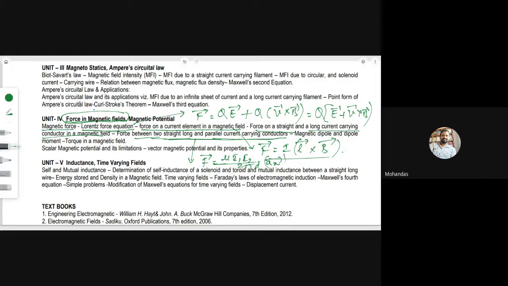One will come with the unit vector ax, but in a problem they will ask you to calculate only the magnitude: mu into I1 I2 by 2 pi d. That is the force, multiplied by L2 or L as well. That is the force between two straight long parallel conductors, first with current flowing in the same direction in both conductors, and second in the opposite direction. They may ask either same direction or opposite direction.